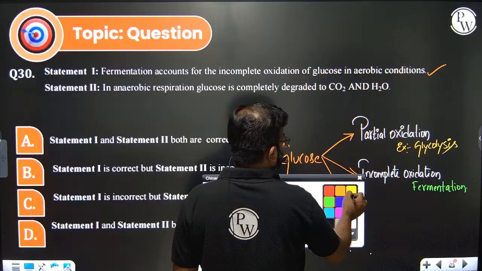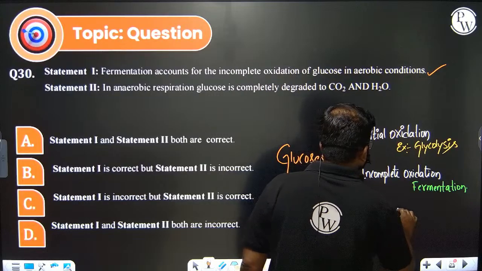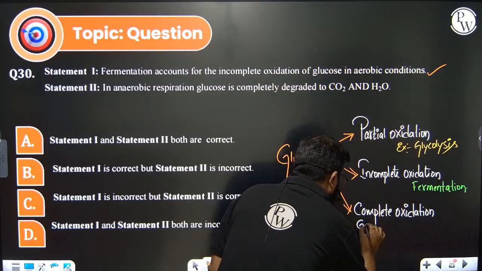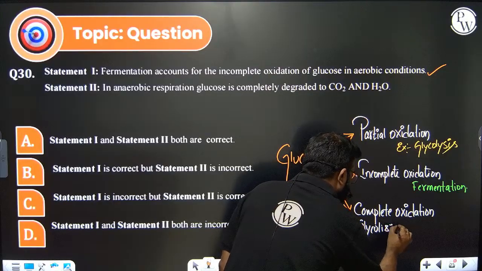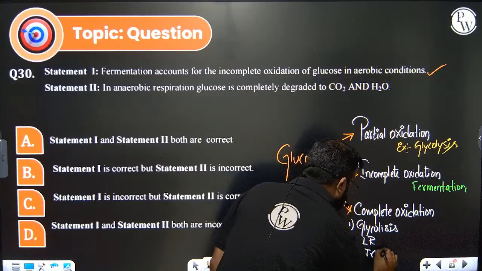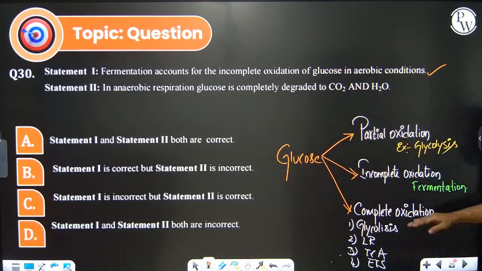Then comes our complete oxidation, where one has to consider glycolysis followed by link reaction, followed by TCA cycle, followed by ETS. So when glucose undergoes all these four processes in a sequential manner, then you say it is undergoing complete oxidation. Please pay attention. So what do you say our answer will be for the 30th question?